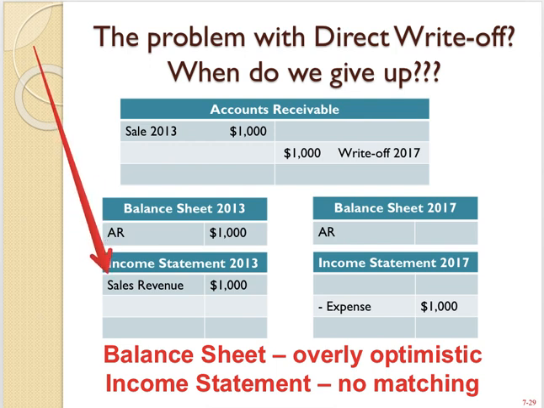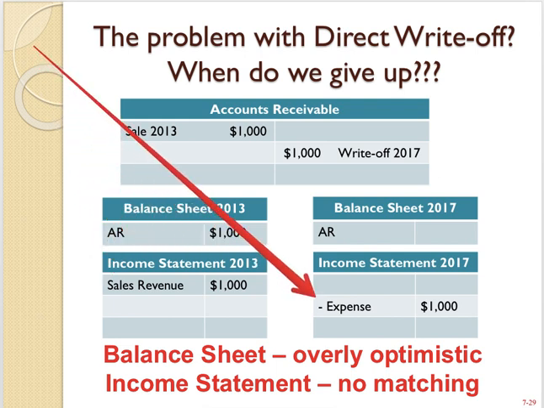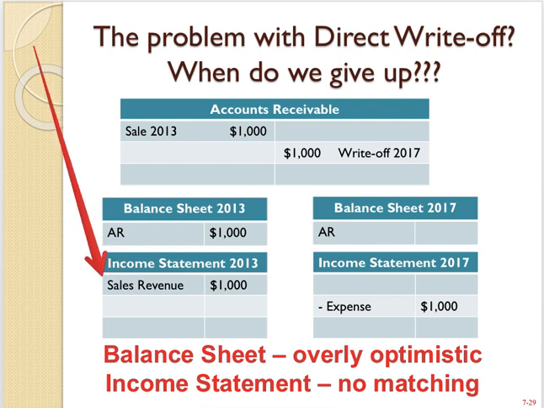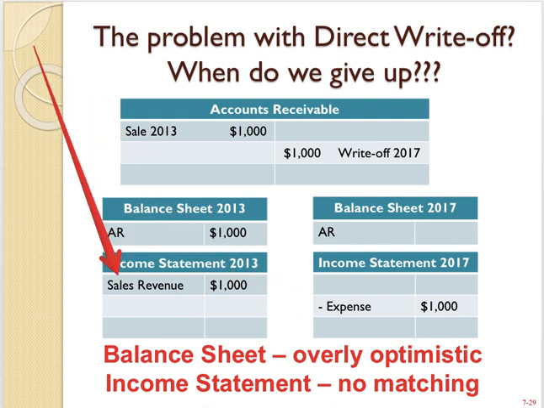Okay? We've got our revenue from the sale that happened in 2013, but the expense, the bad debt expense, doesn't show up on our income statement until 2017. But remember, the risk or expense was something that we took on in order to even generate this sale in the first place. If we hadn't allowed a credit sale, they probably wouldn't have bought anything from us.